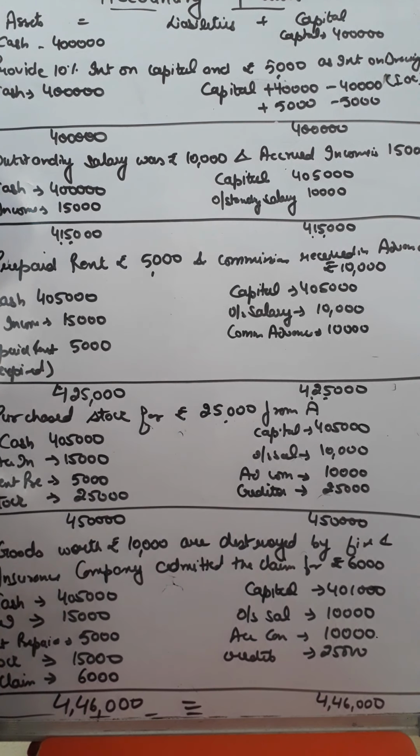Now goods worth rupees 10,000 are destroyed by fire. This is your loss, and the insurance company has admitted that they are going to give you 6,000. So you lost goods worth rupees 10,000, but you are going to get 6,000 from the insurance company. So your net loss is only 4,000 that you have to bear, because 6,000 will be borne by the insurance company. So what will be your total effect?